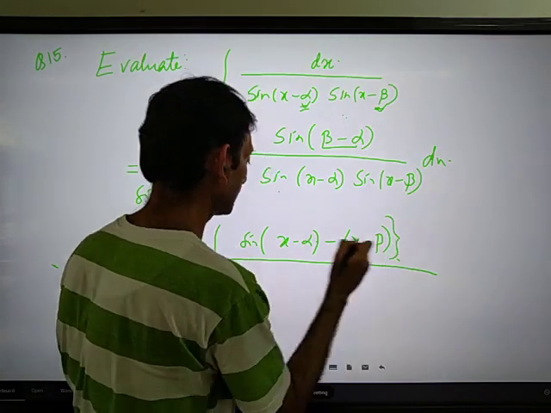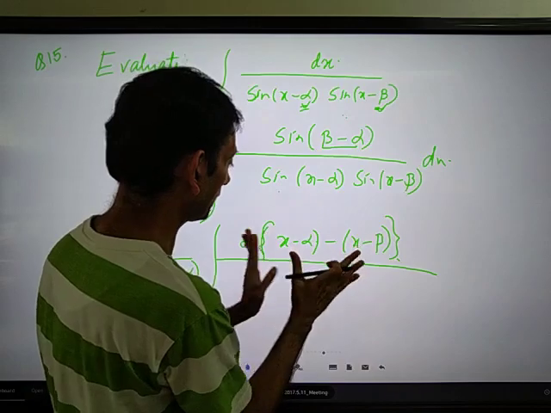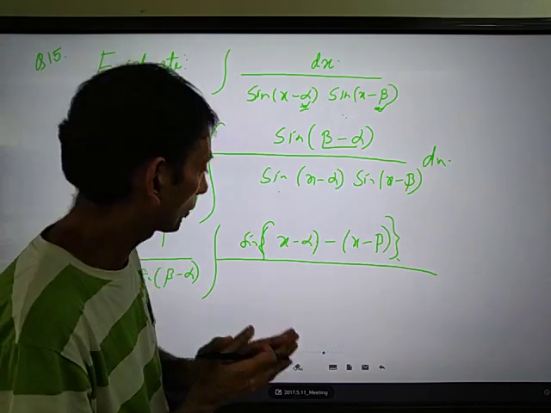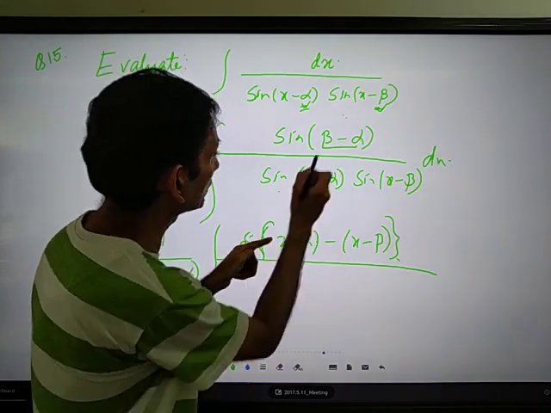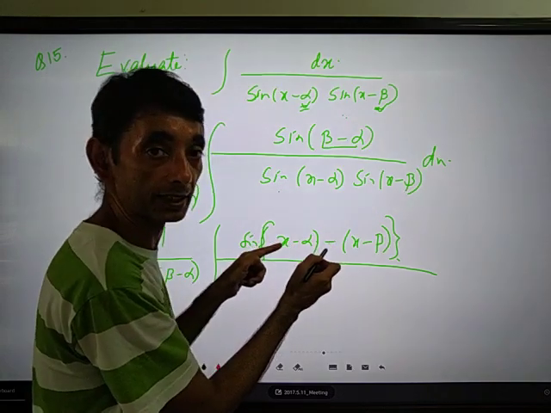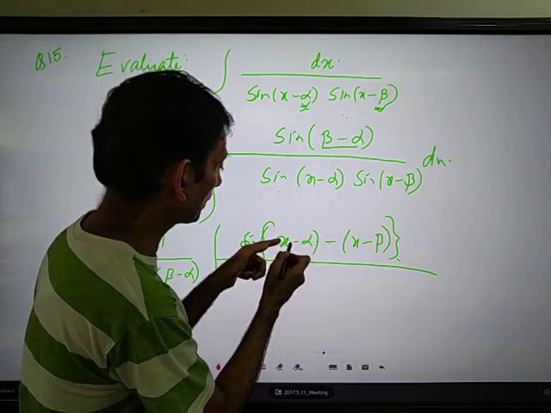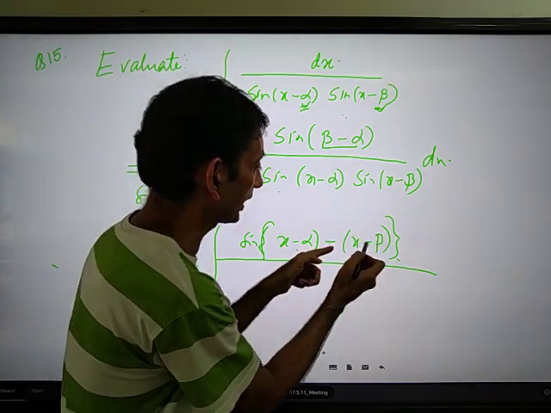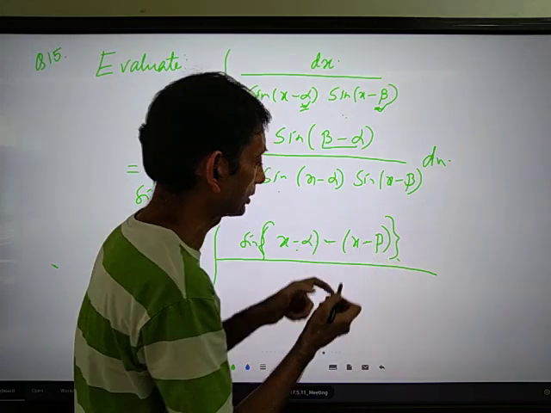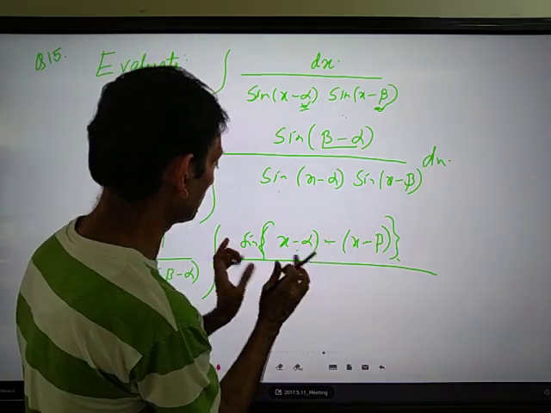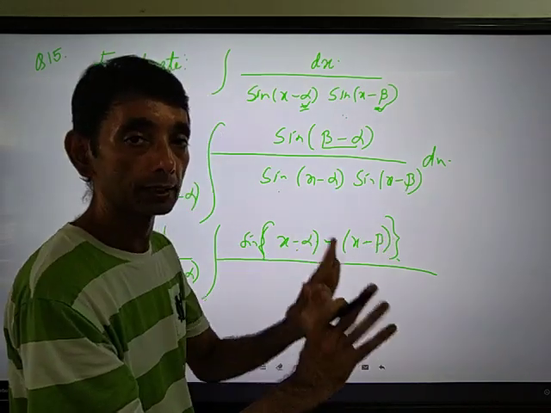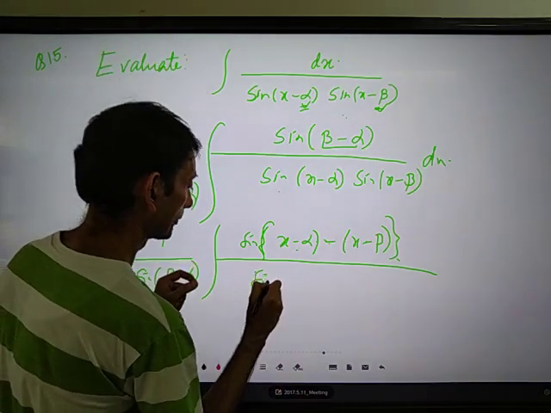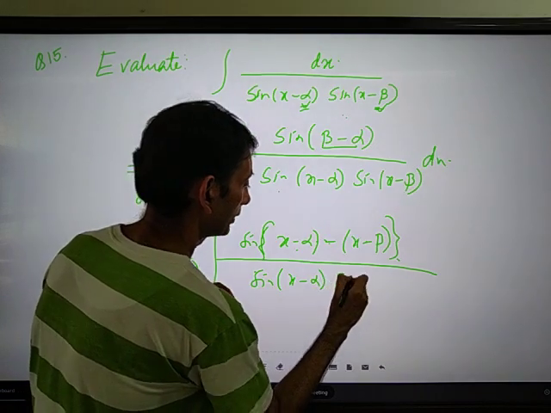Because we don't need x there, if you write x there should be a minus sign so that both x cancel out. Minus alpha is fine, because we need minus alpha, and beta should be plus, so it's minus of x minus beta, and the minus minus gets cancelled. So sin x minus alpha minus x minus beta is actually nothing but sin beta minus alpha. Now sin x minus alpha, sin x minus beta.